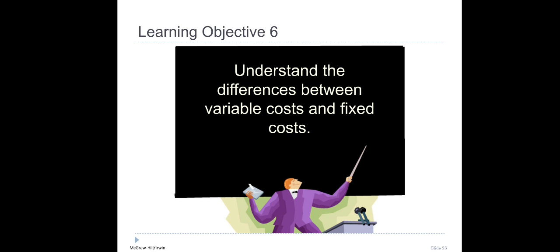So always remember, the first difference is the output of financial accounting is the financial statement, but the output of management accounting is budgets and cost reports.